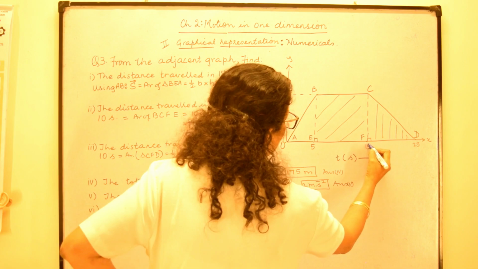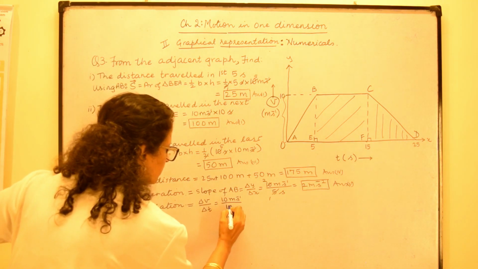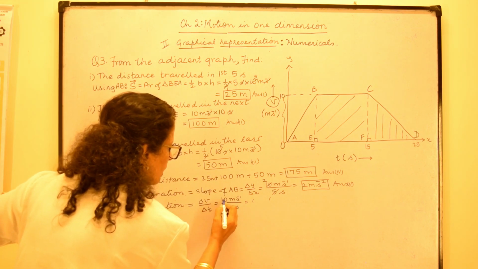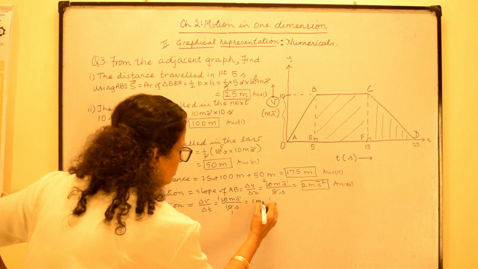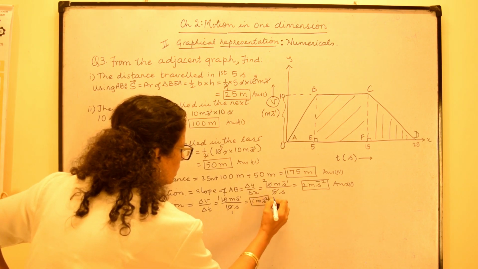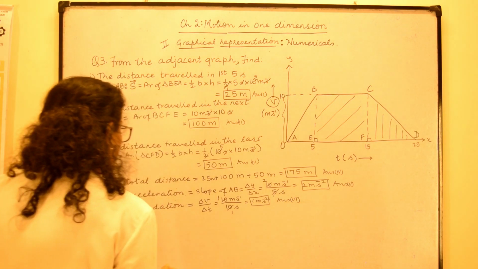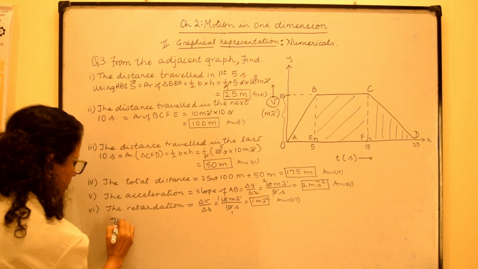See, if you drop the perpendicular from here to here, it is 10 seconds. And so it becomes 10 ones, and then you'll have 1 meter per second square. And that is our answer 6.